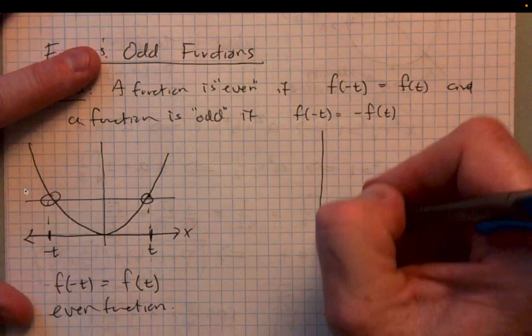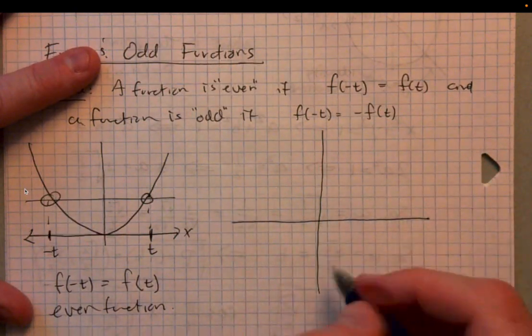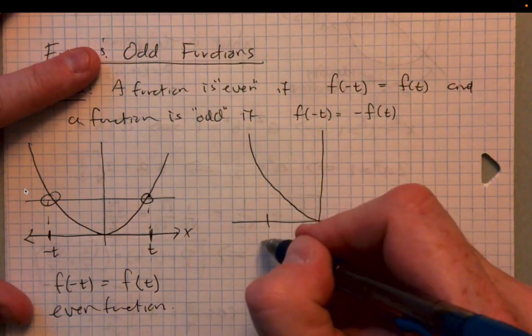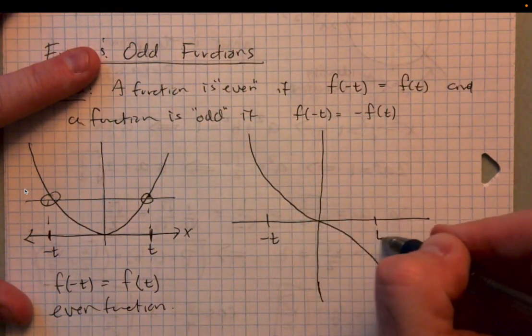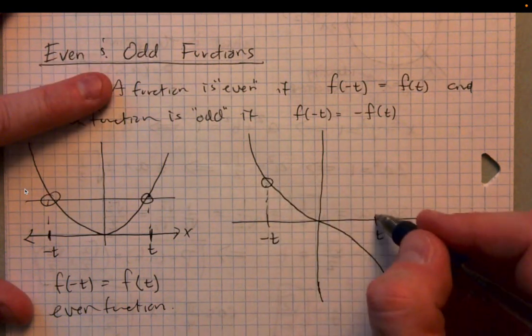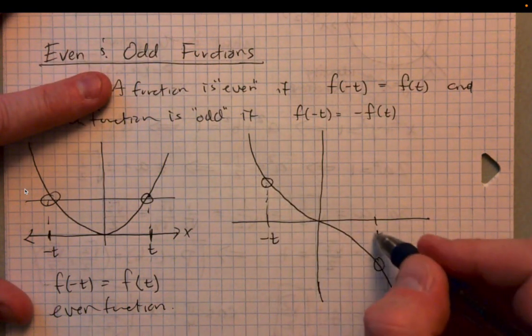Right? And so to contrast that, you might have something like this. Here again I've got my negative t, and over here I've got my t. And so f of negative t is up here, f of t is down here.